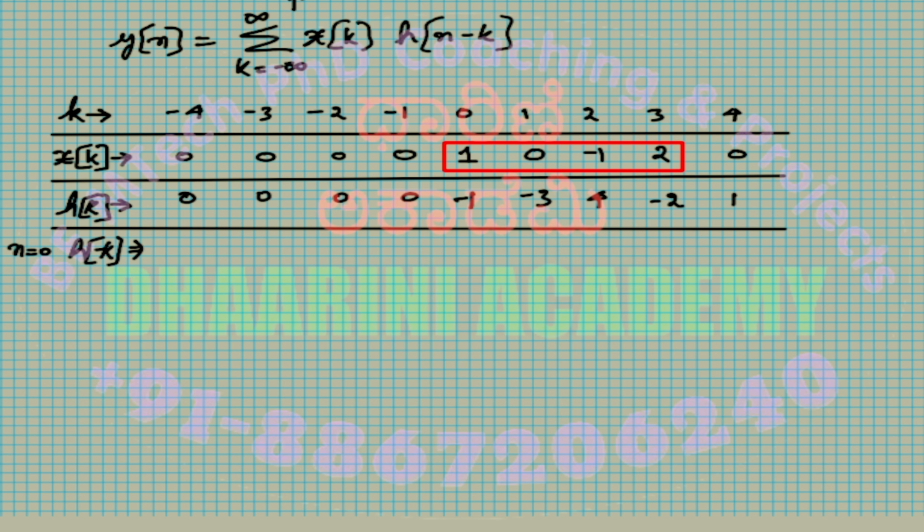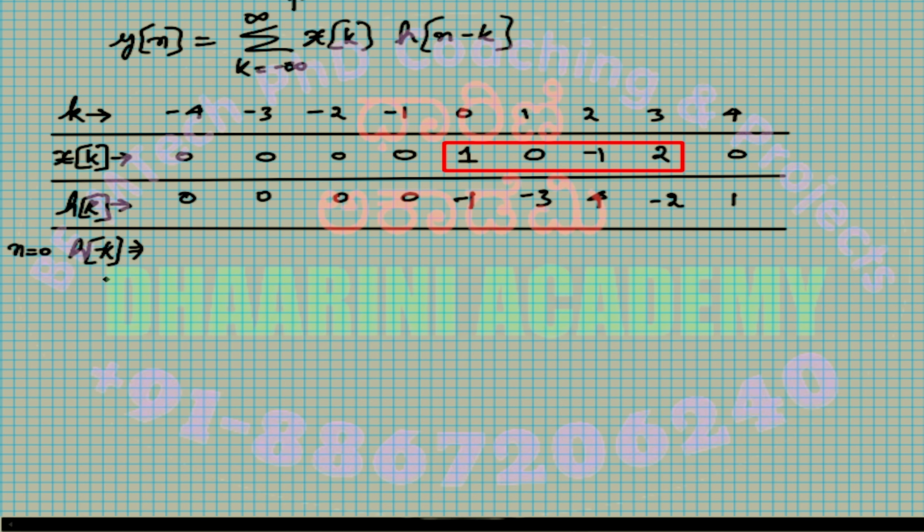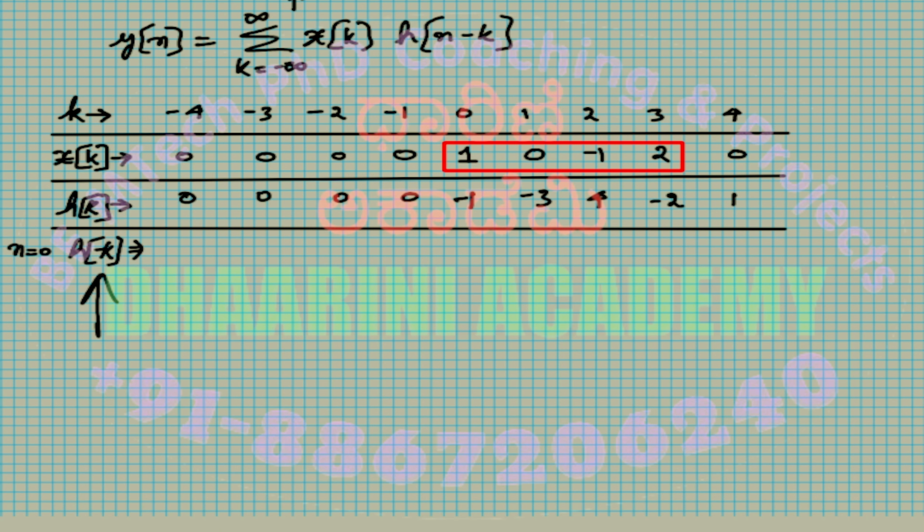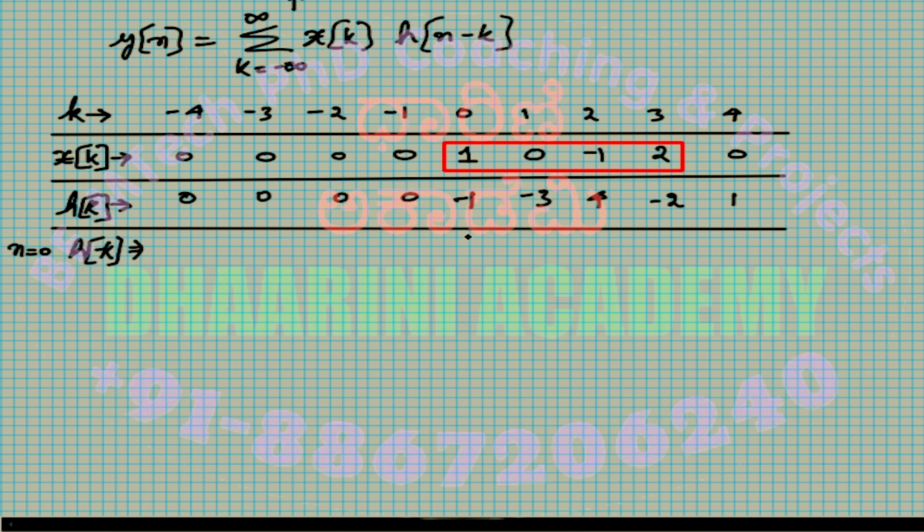It means h of minus k has to be plotted. So h of minus k I just wrote here. This is what I'm trying to convert, right? h of k into h of minus k means what? You know that whatever is at 0 will be at 0, but whatever is at 1 will come to minus 1. Whatever is at 2 will come to minus 2, then this, then this. The zeros will go to the other side.